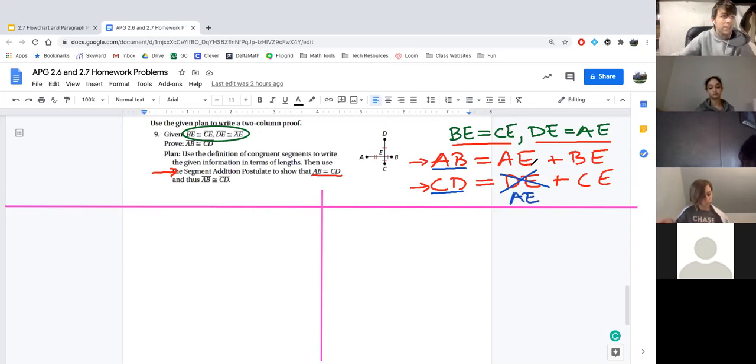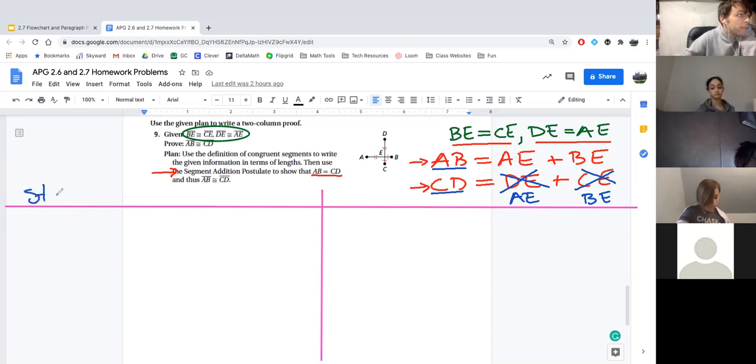And instead of CE, I can replace it with BE because those things are equal. Those are two substitutions that now make these equations match each other on the right side. Since they match on the right side, they must be equal to each other, and that's using the transitive property.